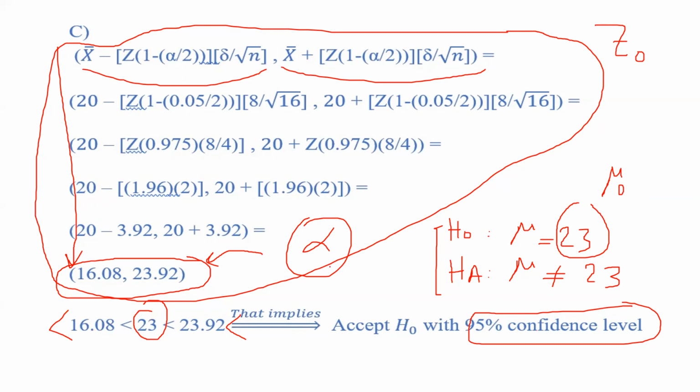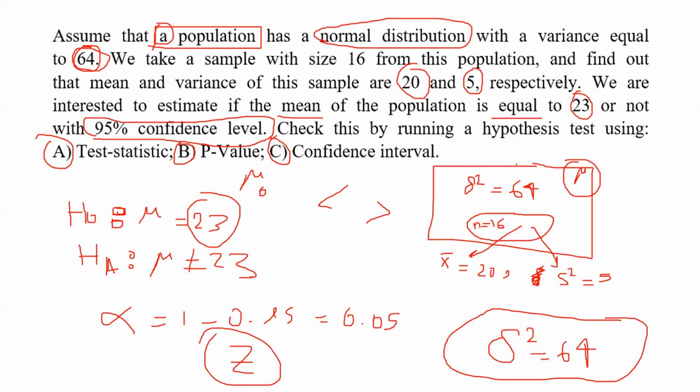Whenever I ask questions related to running tests with confidence intervals, I give you two-sided cases because it is more meaningful. Otherwise, we usually don't use confidence intervals for one-sided cases. So in the exams, please be careful which type of hypothesis testing we are applying. Is it a test statistic?